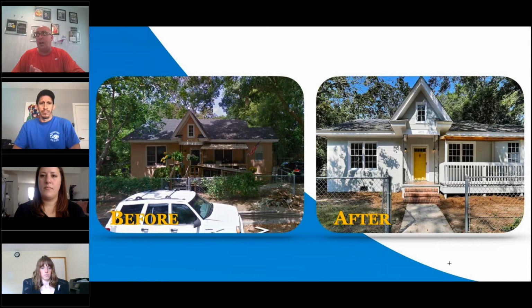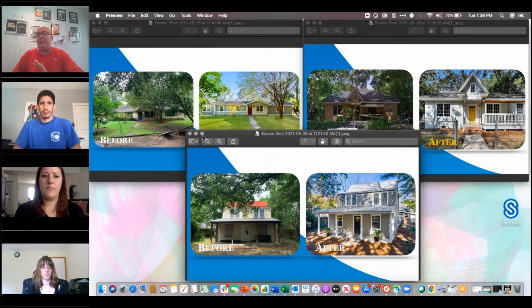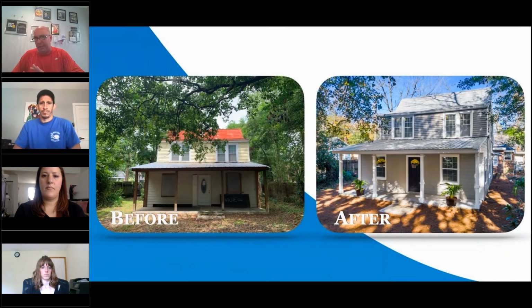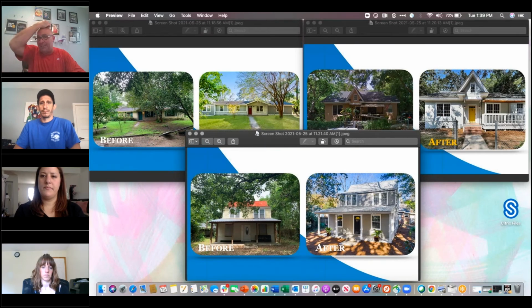We have 100+ crewmen that work on our projects, and if I send somebody to touch up paint on a different project that somebody else worked on, they're all going to have the same color, which makes life very easy. So we're using the same brands on everything. If I have to send one person to change a doorknob, it's going to be the same that we use on every single job.